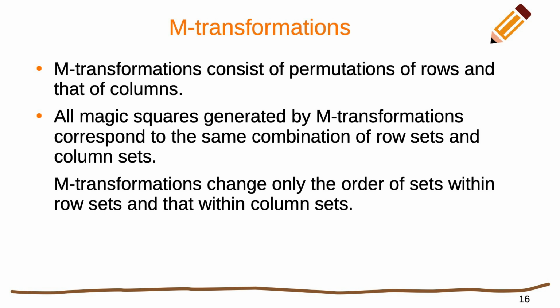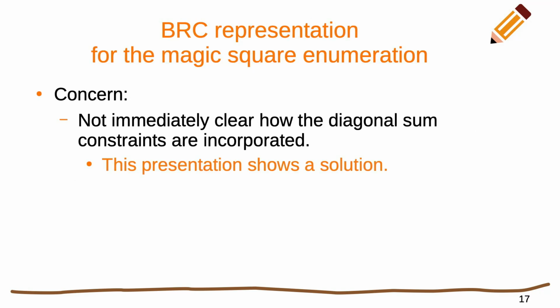Since an M transformation consists of permutation of rows and columns, all magic squares generated by such transformation correspond to the same combination of row sets and column sets. If we enumerate magic squares by generating combinations of row sets and column sets, we may find many magic squares generated by M transformations in a set.